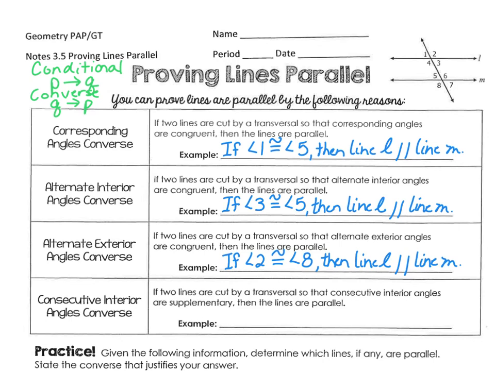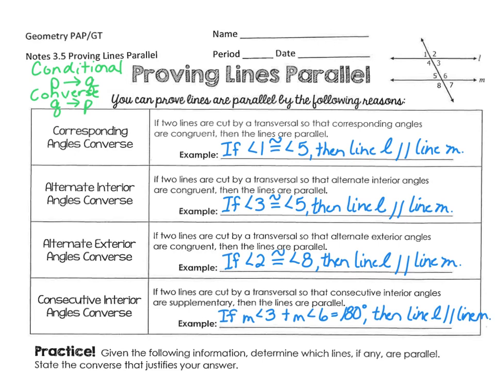So again, looking at our figure, we could say if the measure of angle 3 plus the measure of angle 6 is equal to 180 degrees, then line L is parallel to line M.